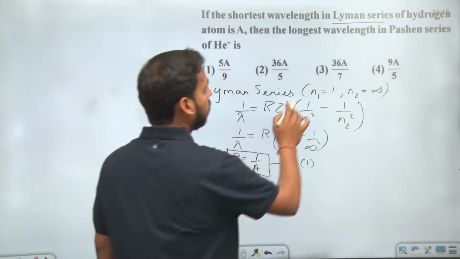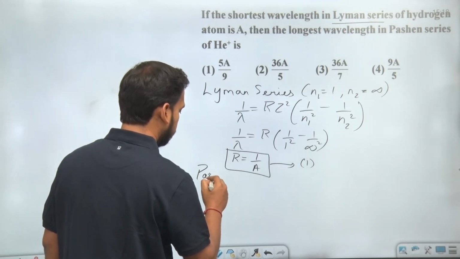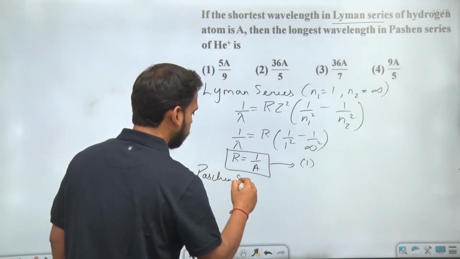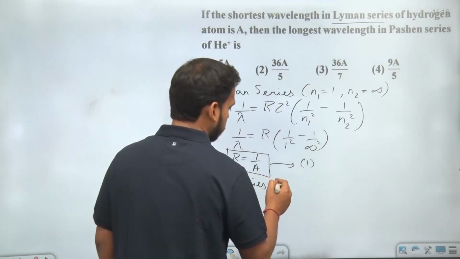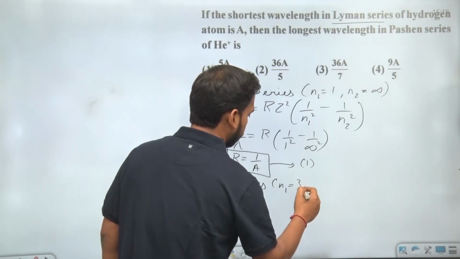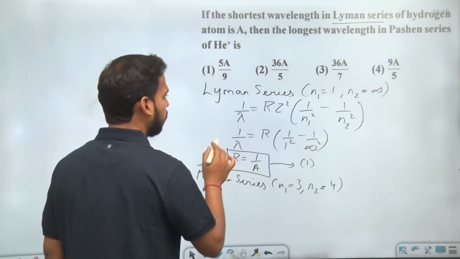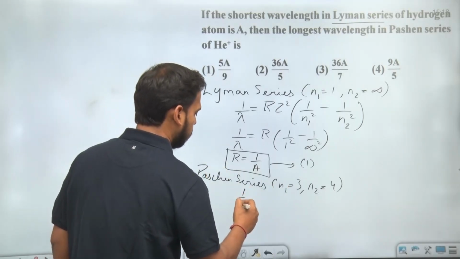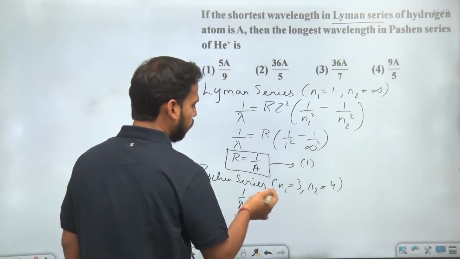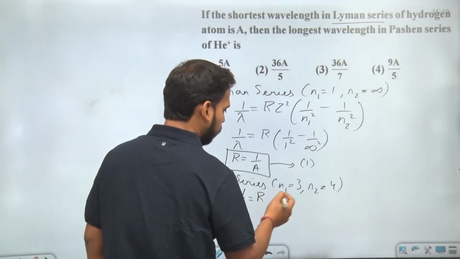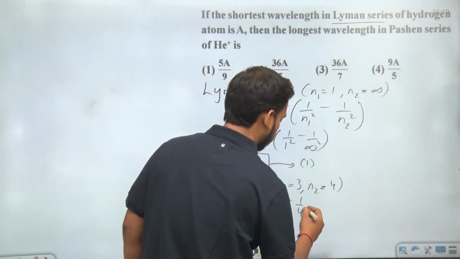Similarly, for the Paschen series, in case of the longest wavelength, n1 will be equal to 3 and n2 will be equal to 4. So same we have to put in the formula, that is 1 upon lambda is equal to R. Z here is for the hydrogen, so it will be 1, and 1 upon 3 square minus 1 upon 4 square.